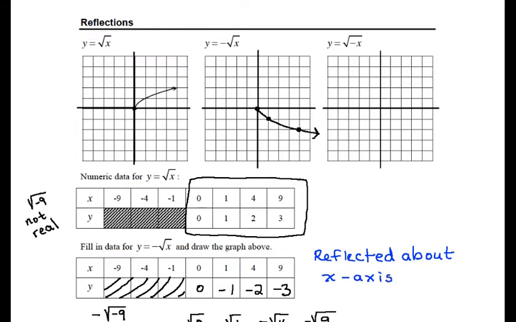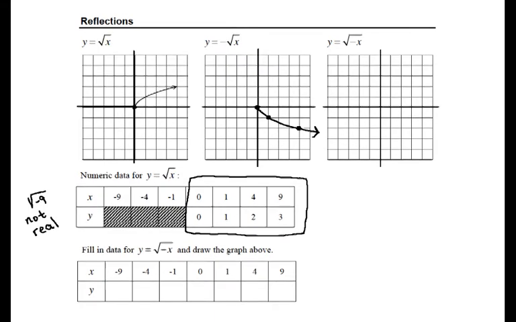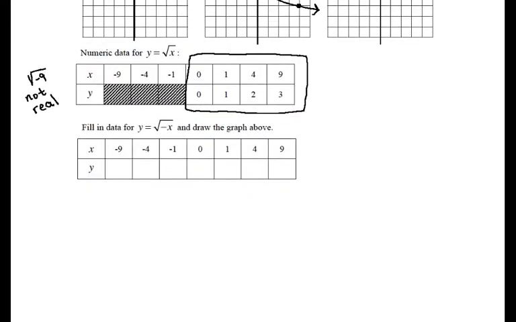So next we're going to see what happens when that minus sign, instead of being outside of the square root, is inside the square root and applies directly to the x variable. So based on our data that we already have for y equals the square root of x, we're going to look at y equals the square root of minus x.